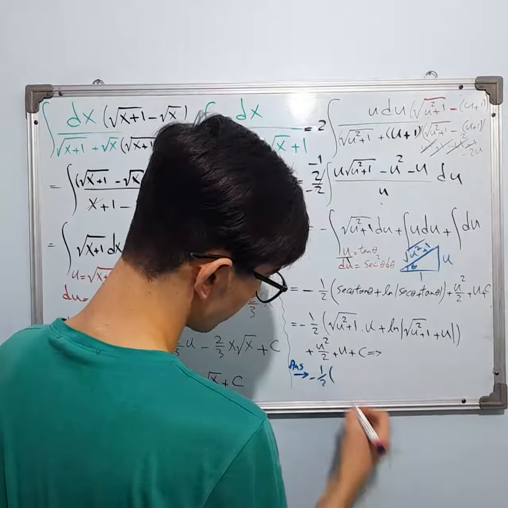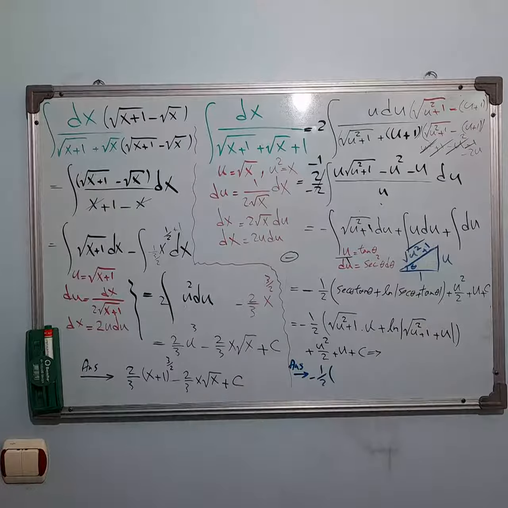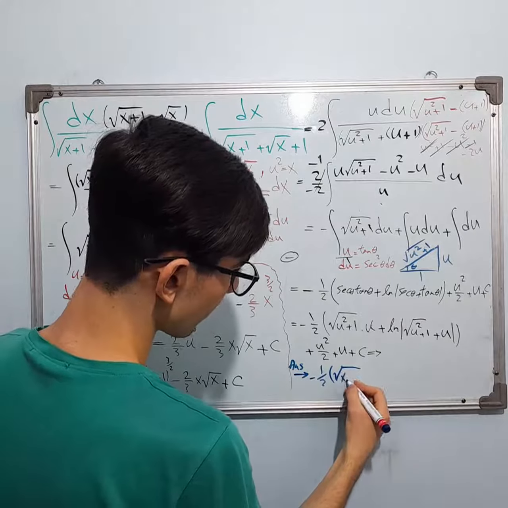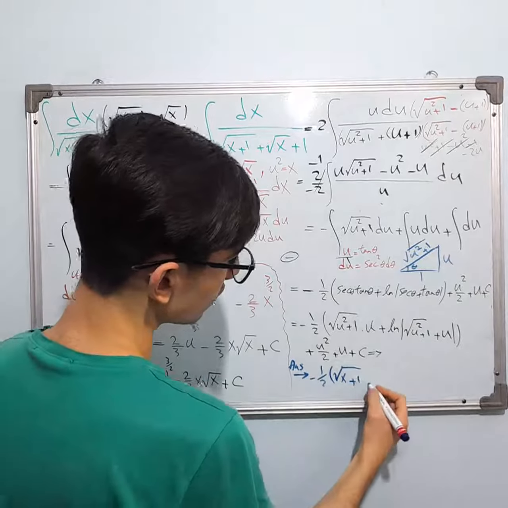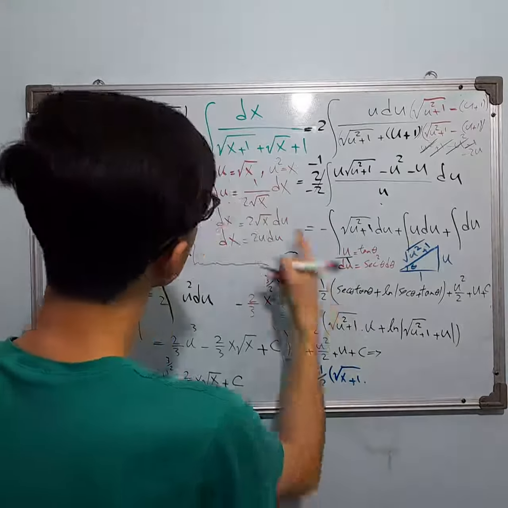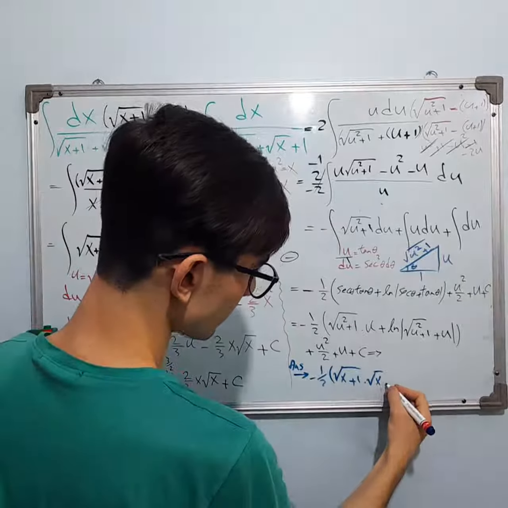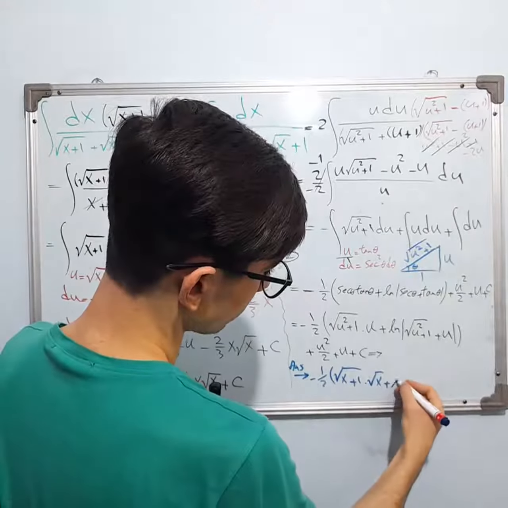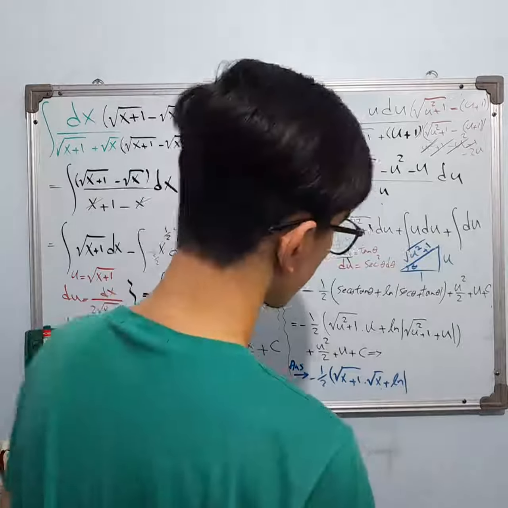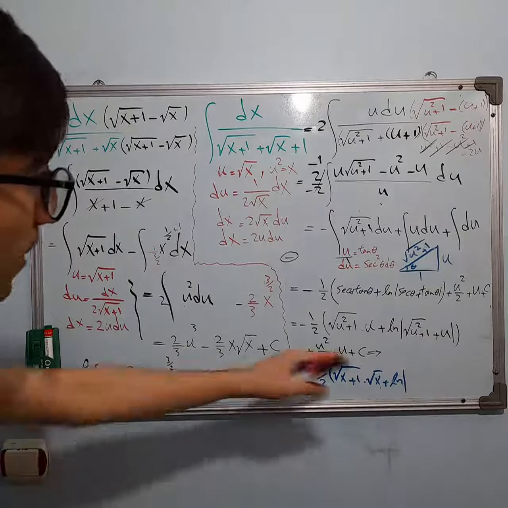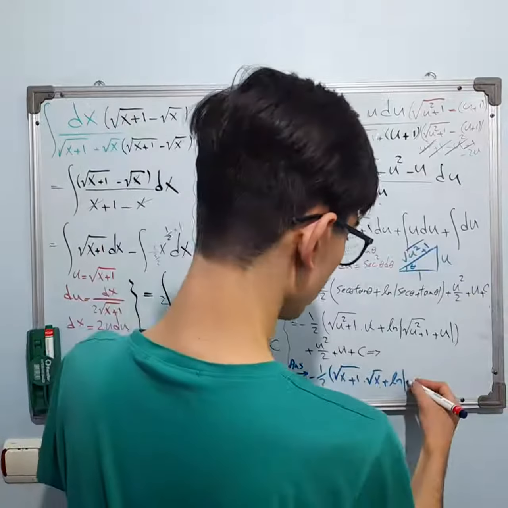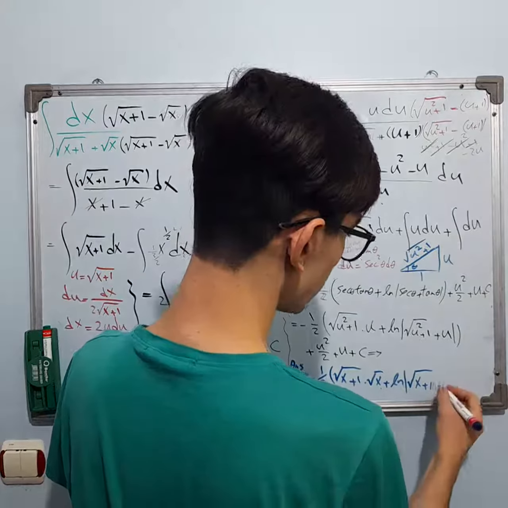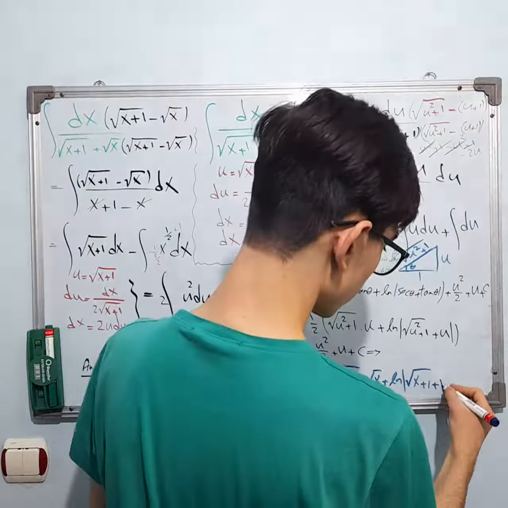Negative 1/2, parentheses. Okay, u squared is x, so the square root of x plus 1 times, what is u? The square root of x, plus natural logarithm. Here we have the natural logarithm of this one, the same as this, so the square root of x plus 1 plus, what is u? u is the square root of x.